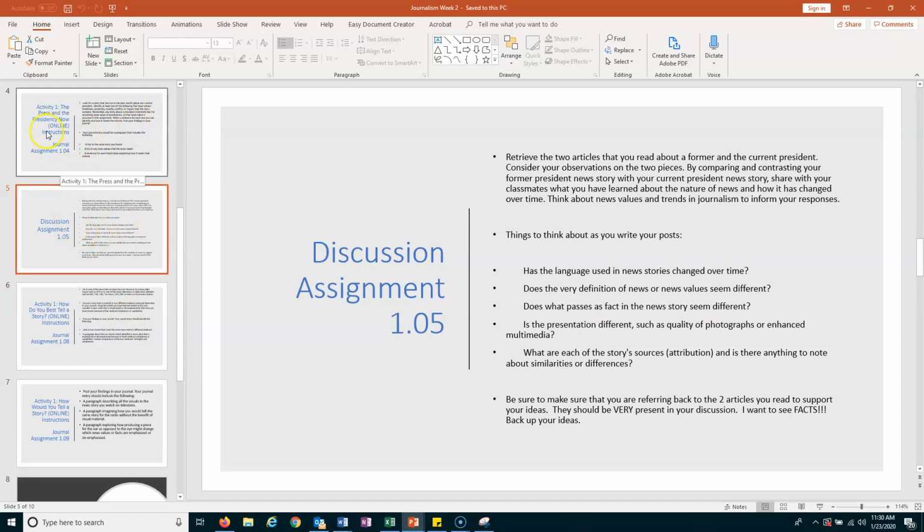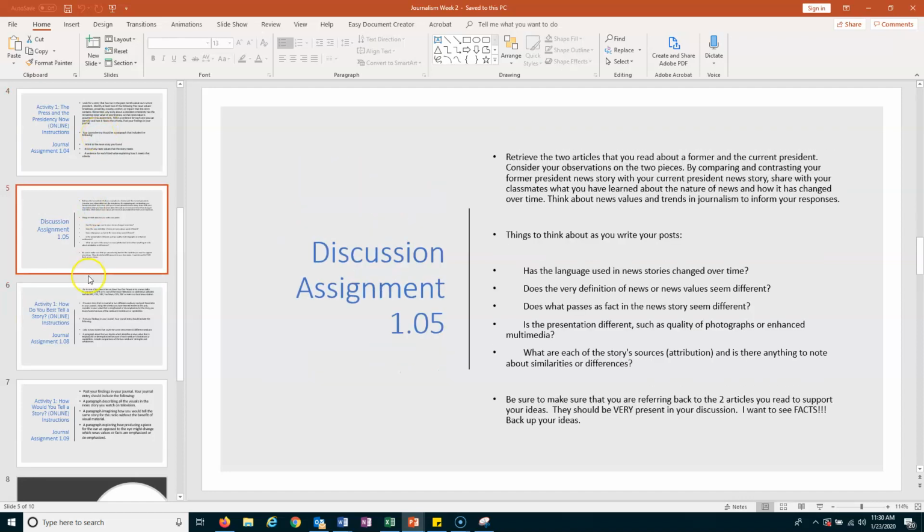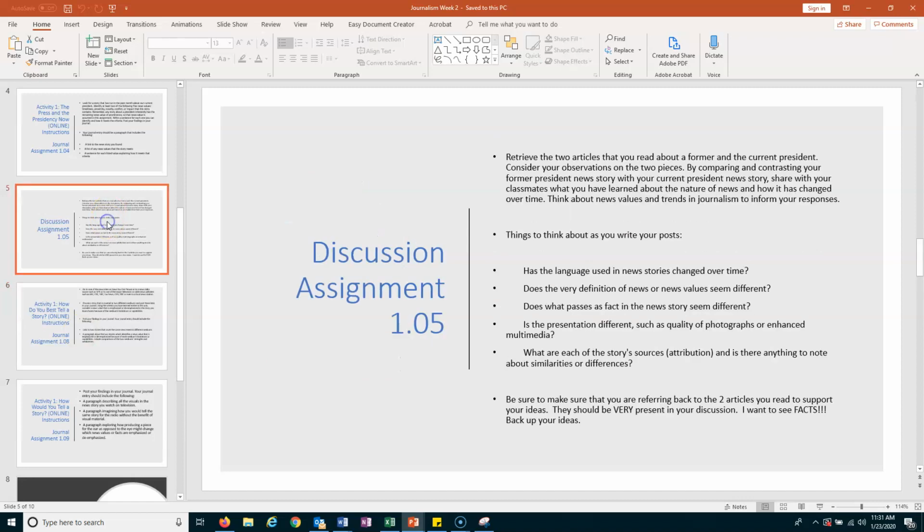So this journal and this discussion are required, and this journal is also required. This week will be one of the only weeks where you will have 3 assignments due. The rest of the assignments will be pared down to mostly 2 a week and then some extra credit opportunity for you. So next week you have 2 journal entries and a discussion assignment.